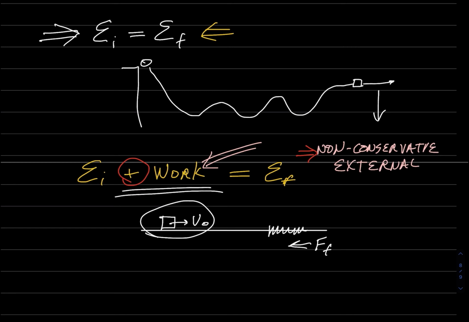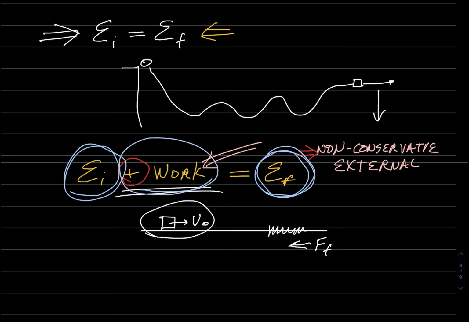We're adding a negative work. Think about it again. The energy that you end up with is the energy that you started out with plus any changes that happened. And as we said, the changes will usually be friction decreasing from the energy that you started out with.